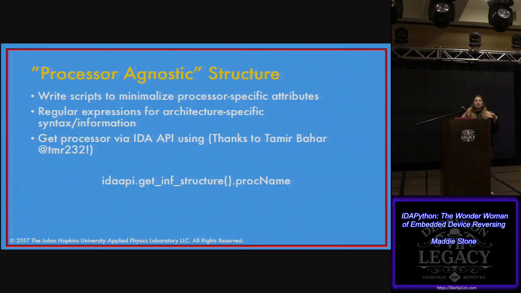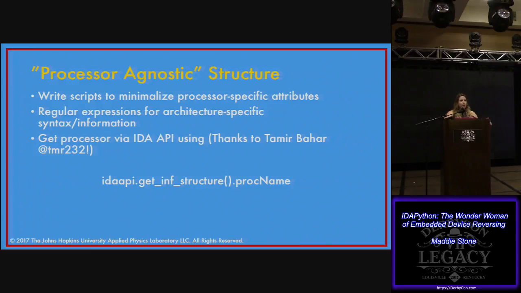I can't use my 8051 scripts, gotta switch over. So taking a step back instead and thinking about what in general am I trying to do? Then now what is that smallest piece that has to be dependent on syntax? Is there ways that I can just look at what's around me, look at the structure, abstract out certain pieces, so I really only need maybe one or two regular expression lines that have to be specific to each architecture going through.